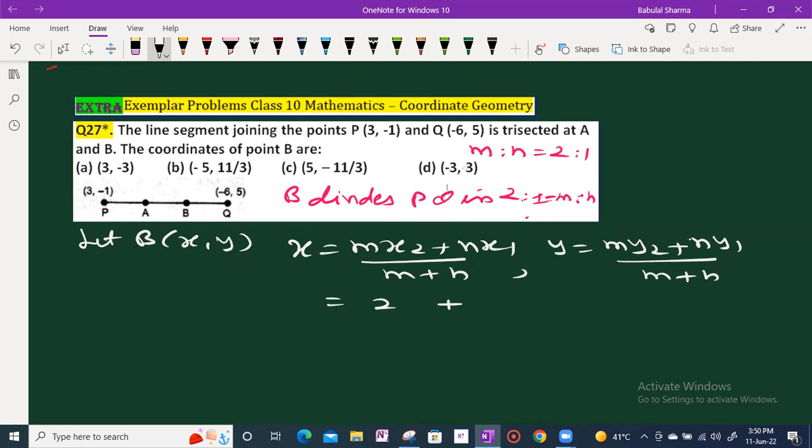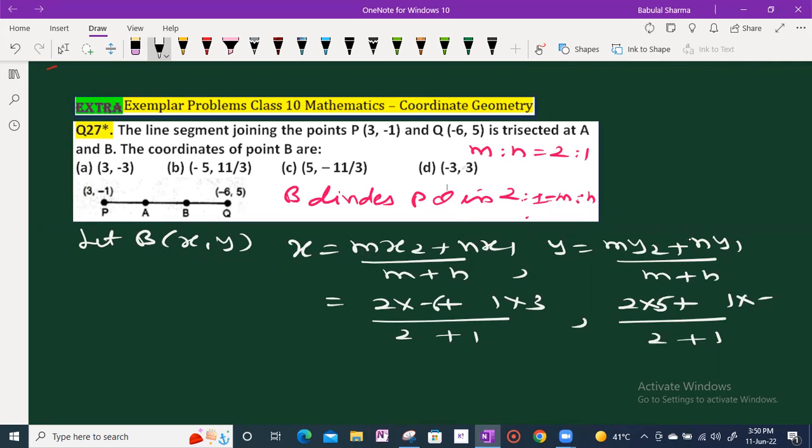So that is 2 plus 1, 2 plus 1. I write the values of m and n first, and x2 is -6, x1 is 3, y2 is 5, and y1 is -1.